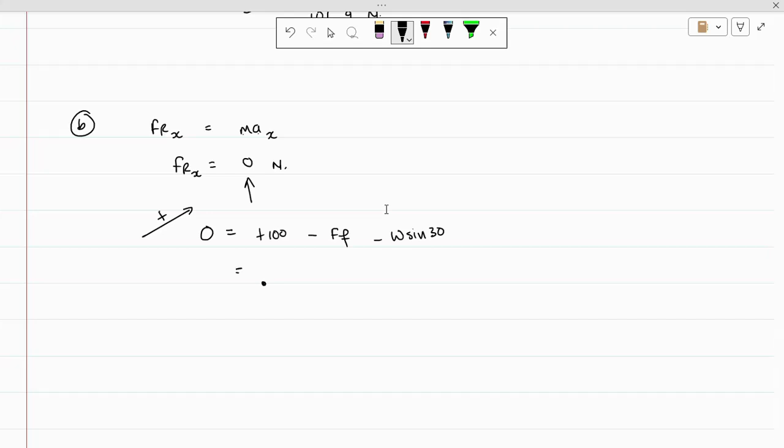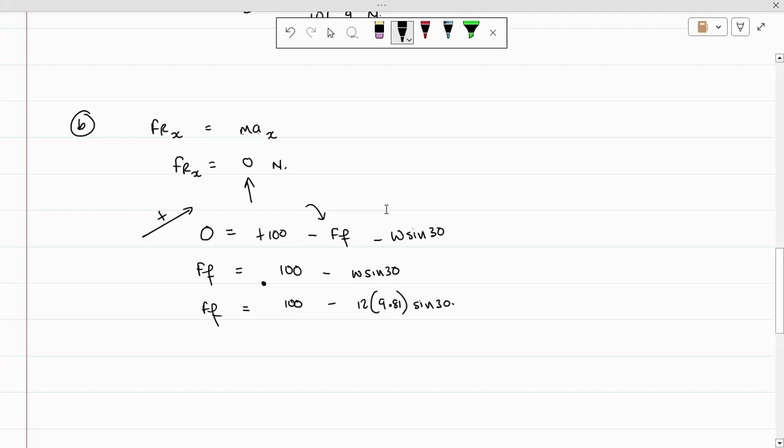So we can then say force of friction, it's negative over here, so we're just going to shift it to the other side of the equation so that it becomes positive. And then now we've got 100 minus W sine 30. All right, so that's going to be force of friction is equal to 100 minus W, which is mg sine 30, that's going to be 12 times 9.81 times sine 30.